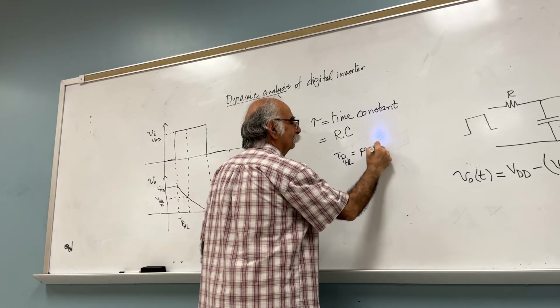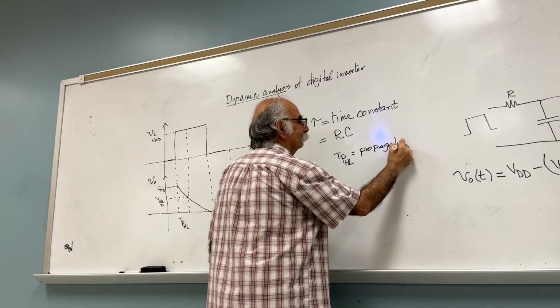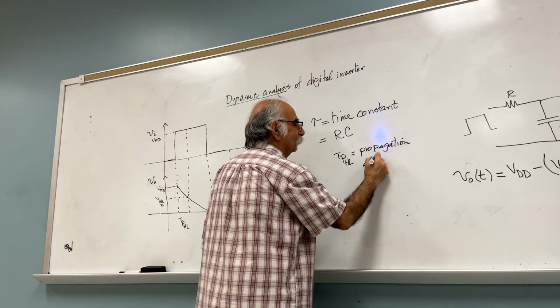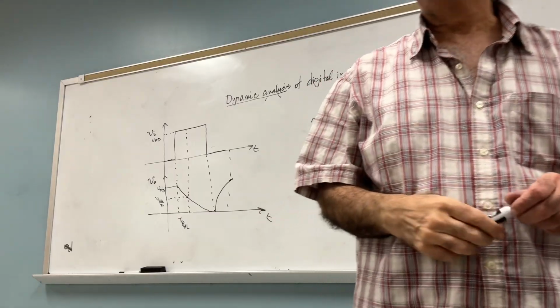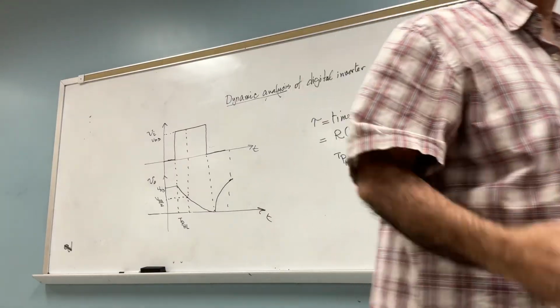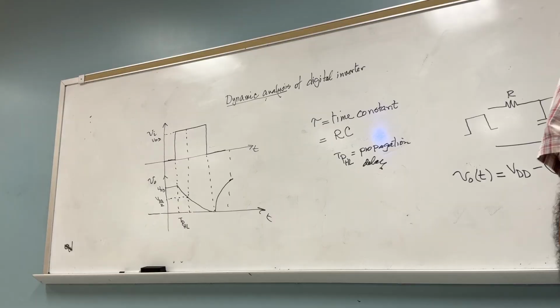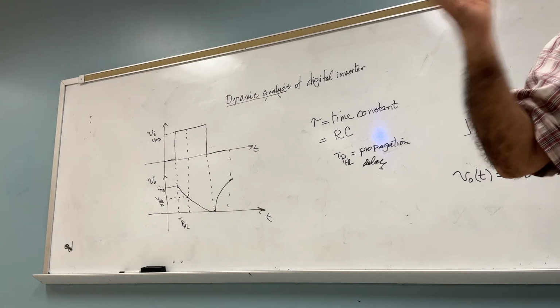Propagation delay. Why is propagation delay important? What is it a measure of? Response time. Why do I want the propagation delay to be low? I want the device to be fast. The whole thing is about the speed.